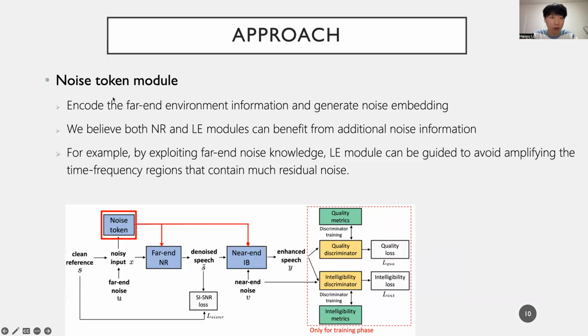This module encodes the far environment information and generates the corresponding noise embedding. We believe both noise reduction and listening enhancement modules can benefit from such additional information. For example, by exploiting the far noise knowledge, the listening enhancement module can be guided to avoid amplifying the time-frequency regions that contain much less noise.